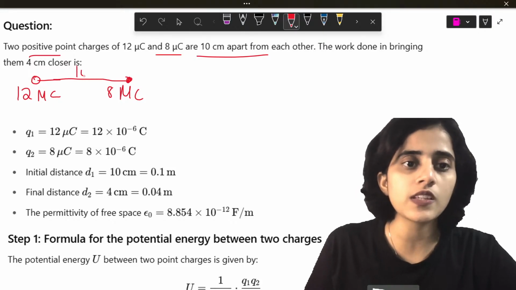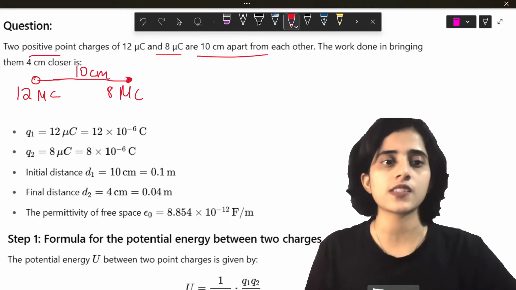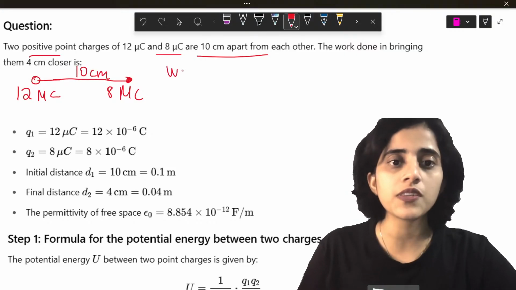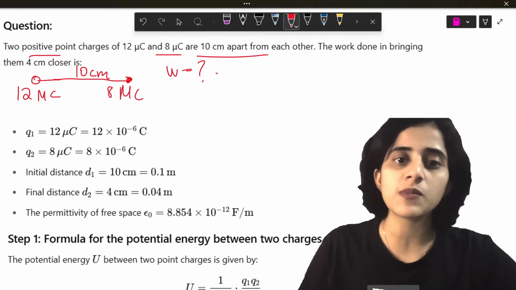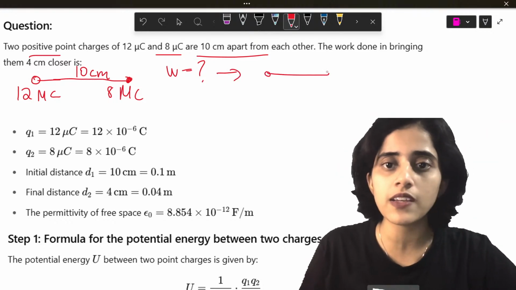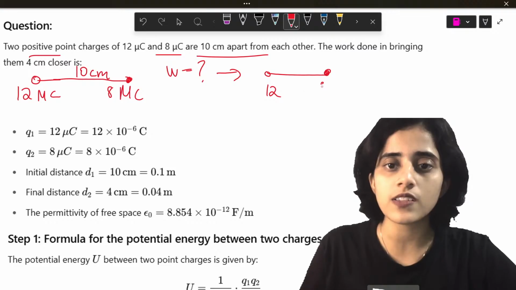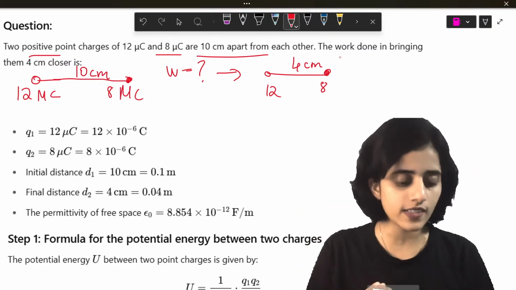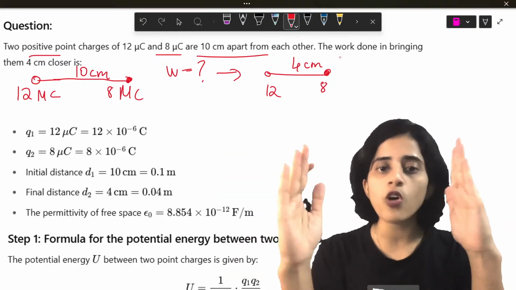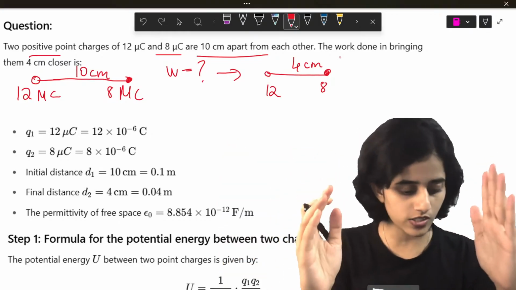The distance between the two is 10 centimeters. We have to find out the work done to bring them 4 centimeter closer. So how should they be? This is 12, this is 8, this is 4 centimeter. We have to find out the work done to bring them 4 centimeter closer.